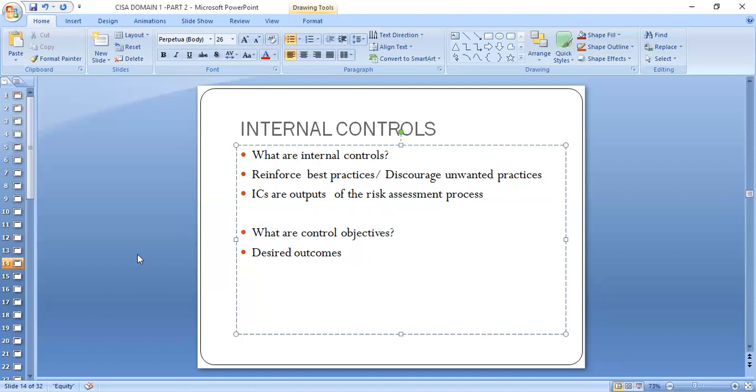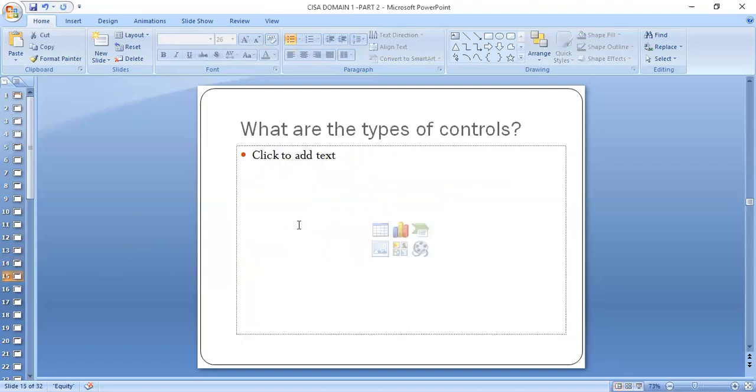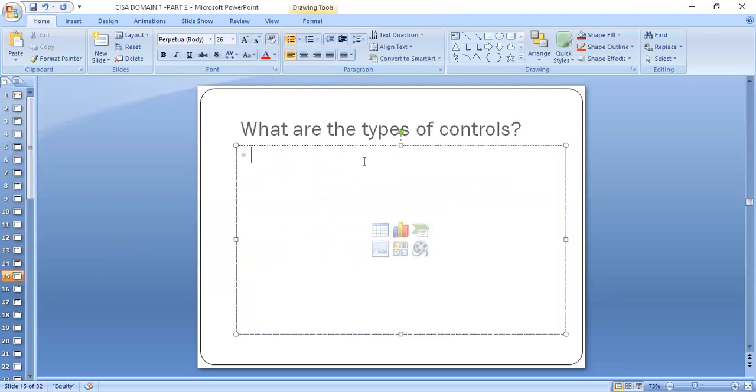Very importantly, what are the types of control? This is important. We have preventive controls. Preventive controls block certain unwanted events from happening from the word go. They don't allow them to happen. For example, access controls. You don't have the ID, you don't have the password, you can't gain access.